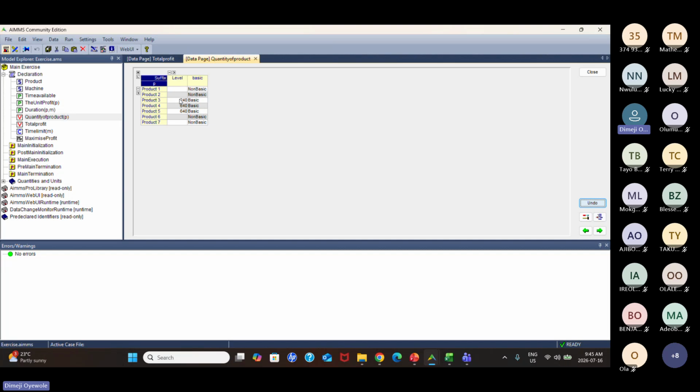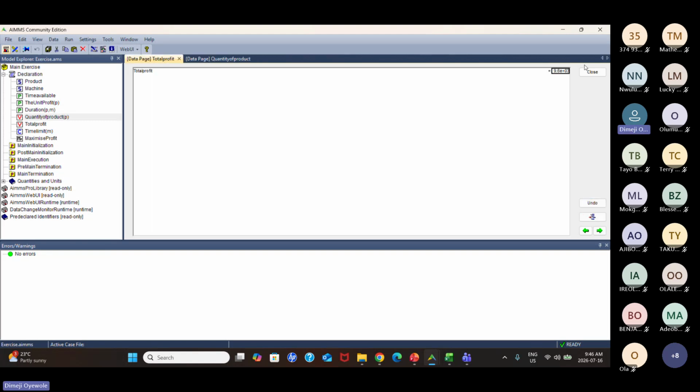It has to be positive. So that's why we have 240, 640, and 640. So this is the best choice in terms of maximizing your total profits, and this is the maximum profit that you get. 9,600.